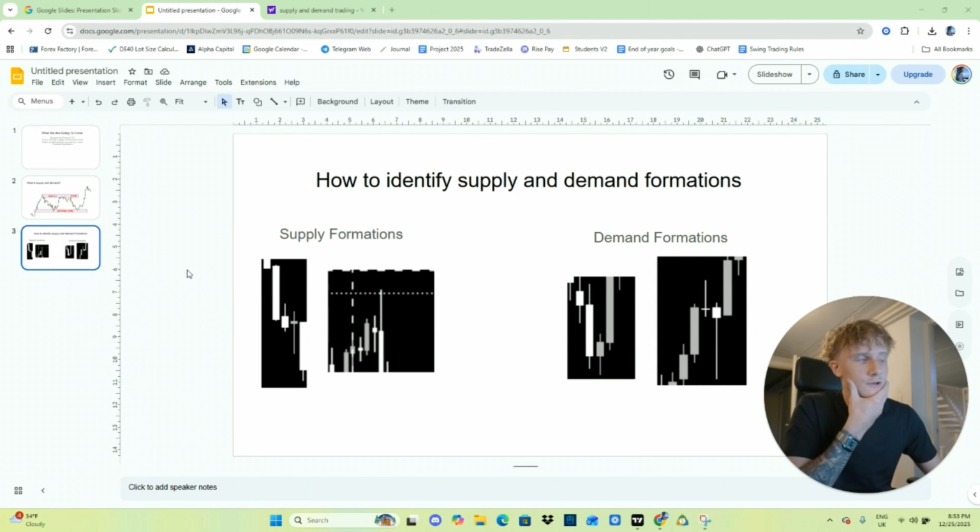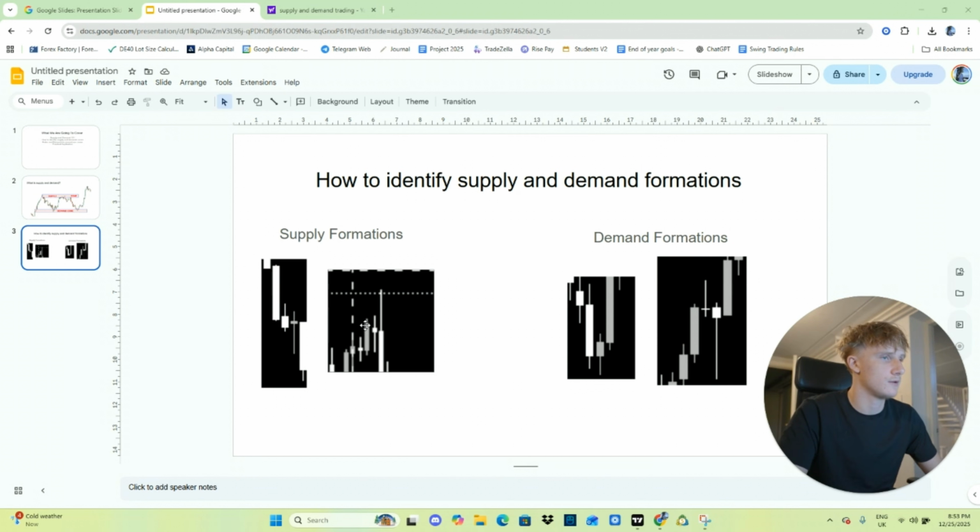Okay, so how do we actually go about identifying these supply and demand formations on the chart? I've got the examples here, screenshots of the formations you're going to be looking for. We've got the supply formations right here, and essentially it's the same logic behind all of them: we look for an impulsive candle followed by indecisive candles, or sometimes just one candle, and then followed by an impulsive candle again.